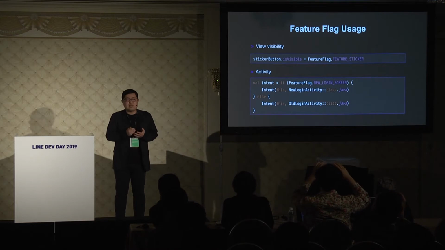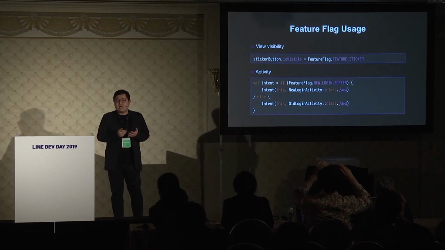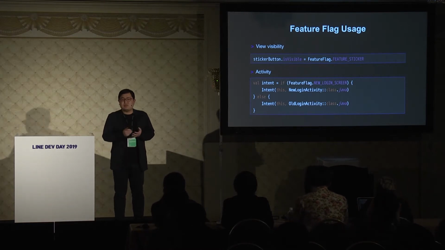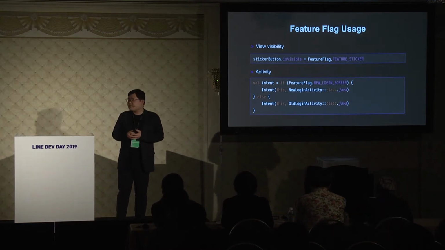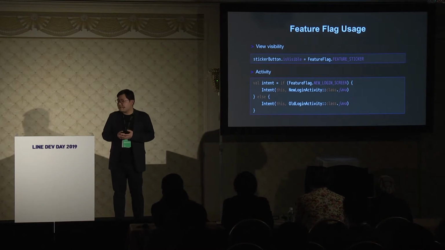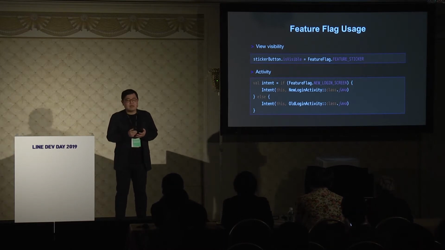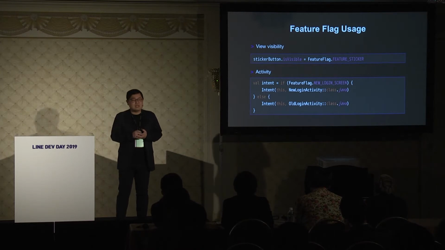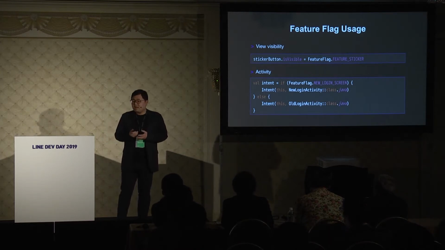In the case of Android, there is an activity, which is the screen of the transition destination, and the feature flag value can be used to switch that feature. If there is a new screen and the feature flag is on, the newly created screen is displayed.